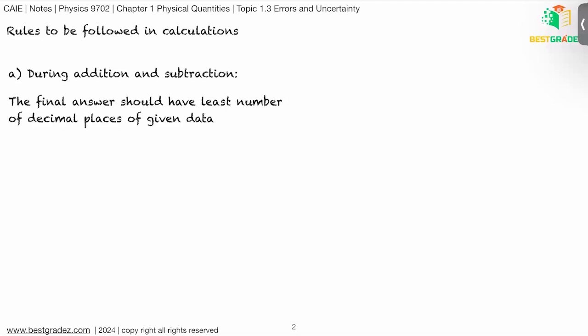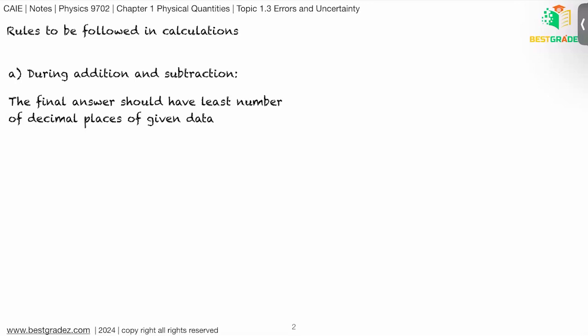Now, this is more important. The rules that are to be followed in significant figures while considering significant figures in decimal places. Now, the first rule is during addition and subtraction, primarily used in change in temperature, etc., because you subtract 2 values. Now, remember, rounding off should not be random. It follows a very specific rule.